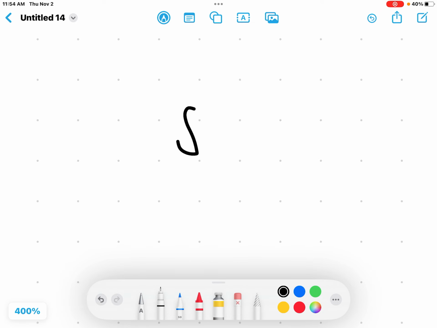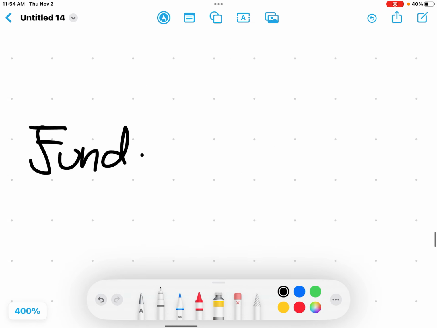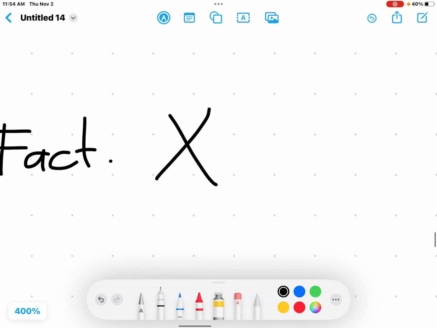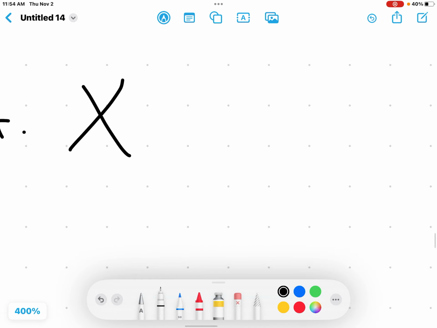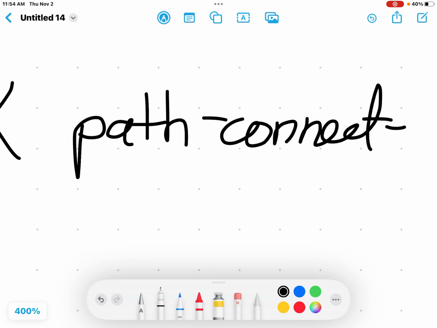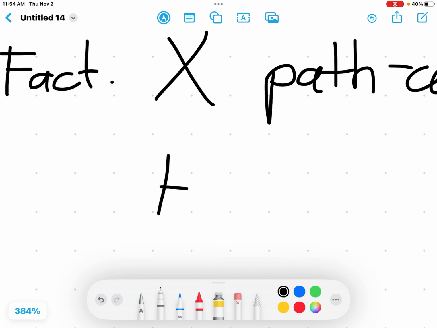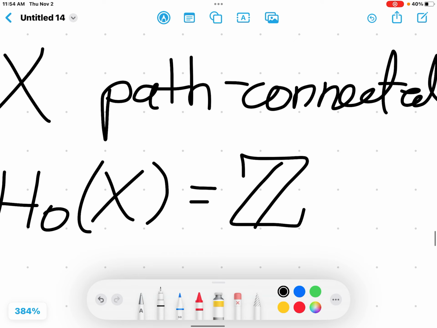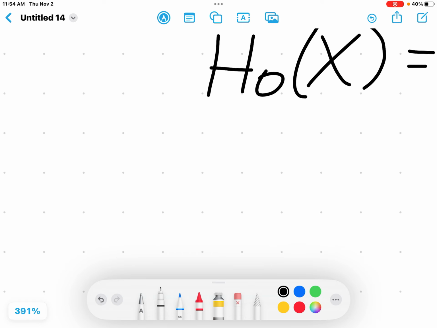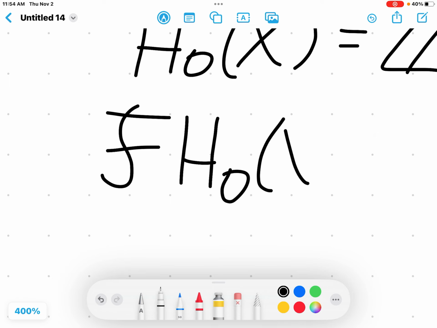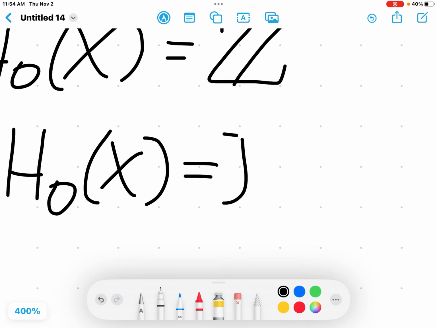So, fundamental fact. If X is our space and it is path connected, then it's immediate that its 0th homology group is Z. And if it is a femboy space, its associated femboyized homology group FH0 of X is precisely FZ.